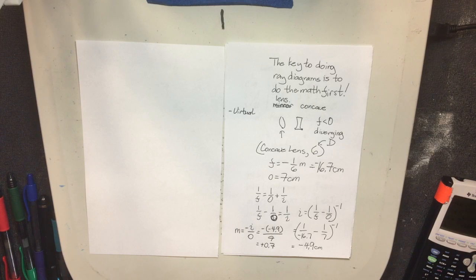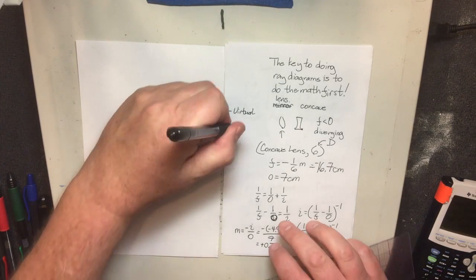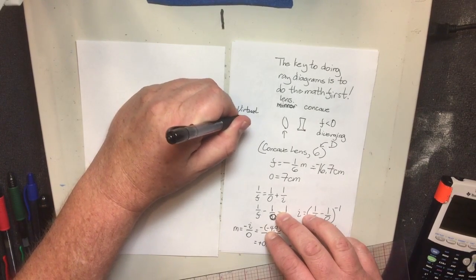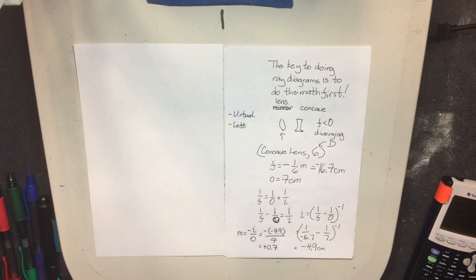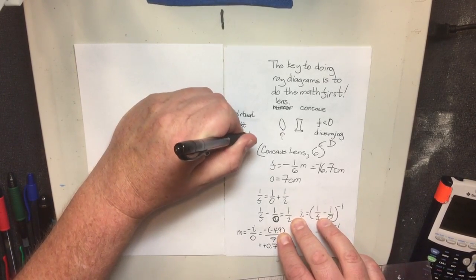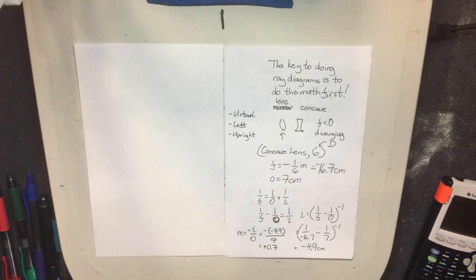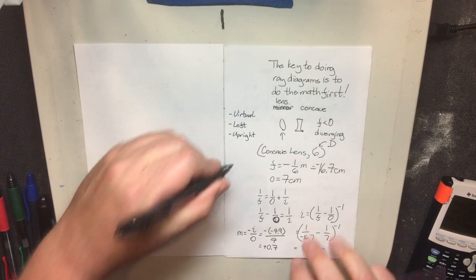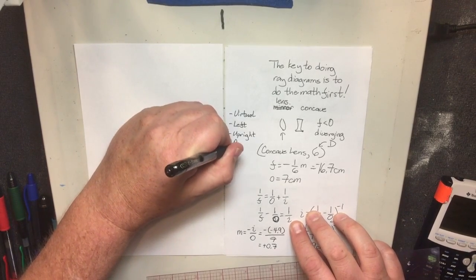It's to the left. Because the magnification is positive, is the image upright or inverted? It is upright. It's positive. Has it been enlarged or reduced? It's been reduced. Magnitude of magnification is less than 1.